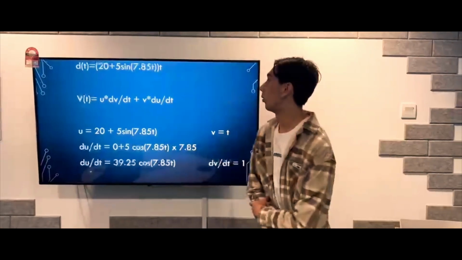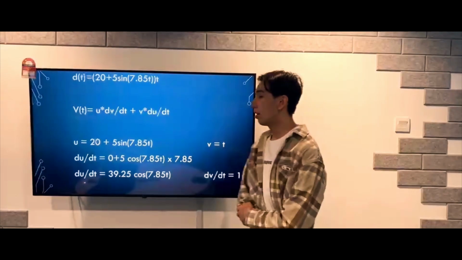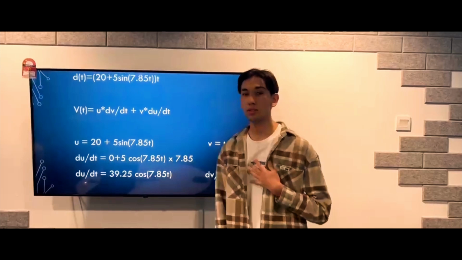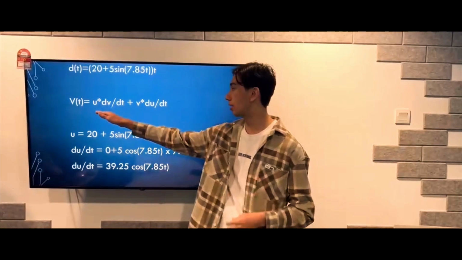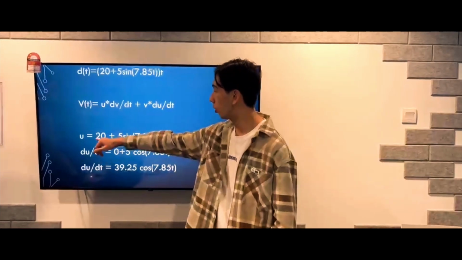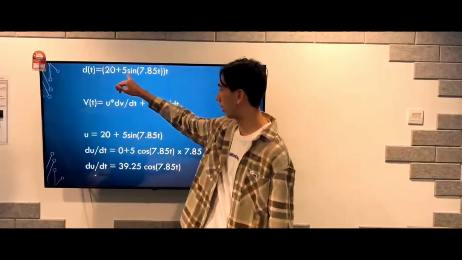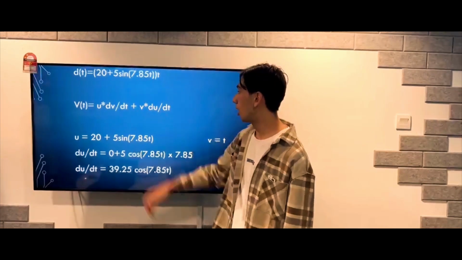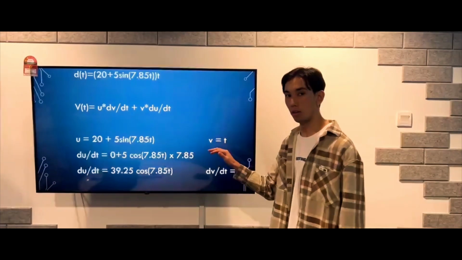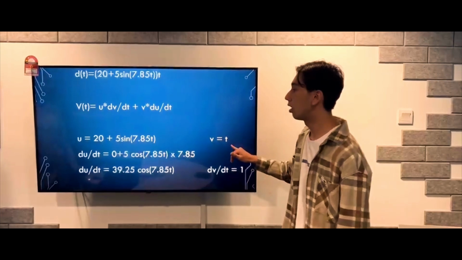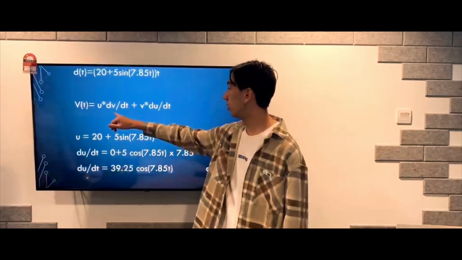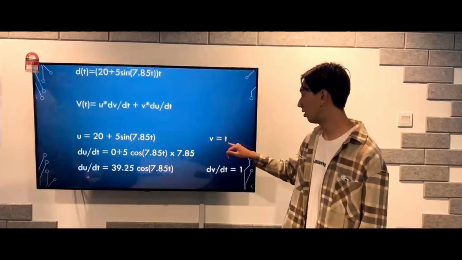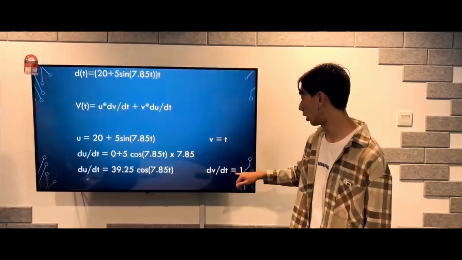Okay. So in the beginning we need to find our components. u is equal to 20 plus 5 sin 7.85t, and v is equal to t. So to find our dv by dt, we just need to differentiate t, which is 1.